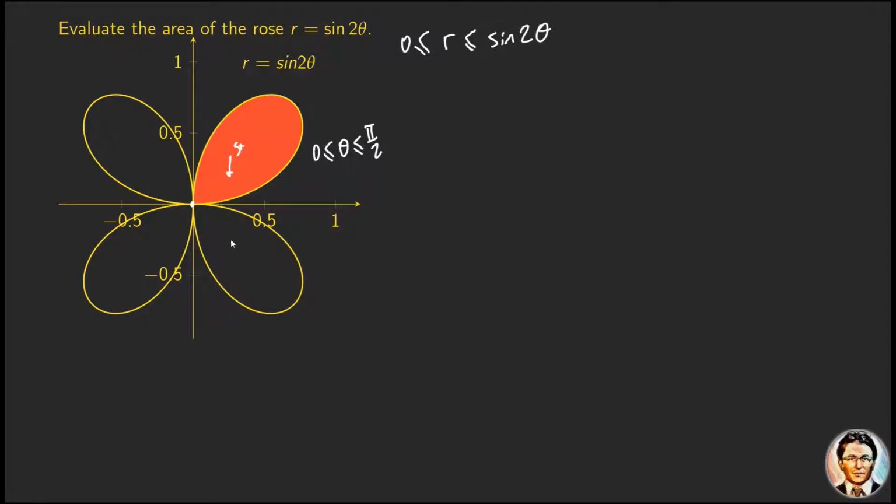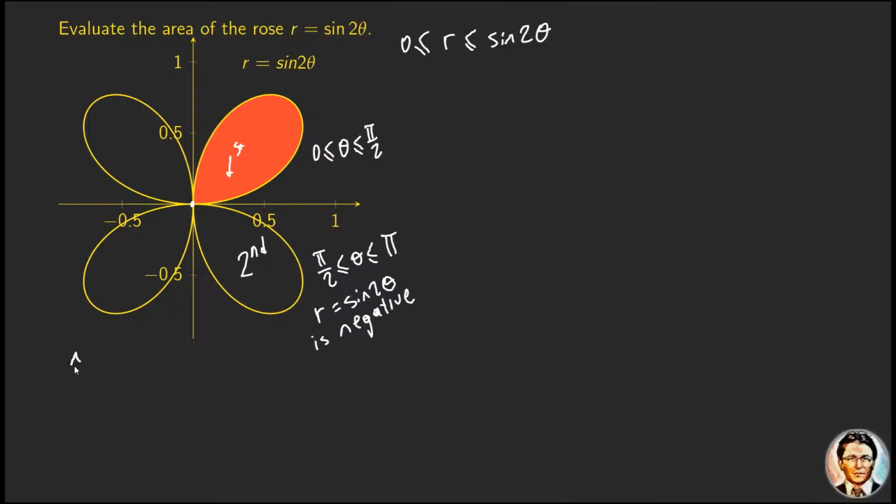The reason for this is r is negative for some intervals, like for θ from π/2 to π. The petal is not going to be this one, because r, which is sin 2θ, is negative, so you will get this one as the second petal of the rose.